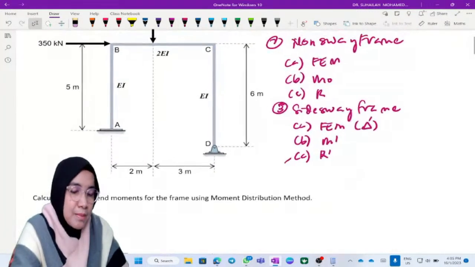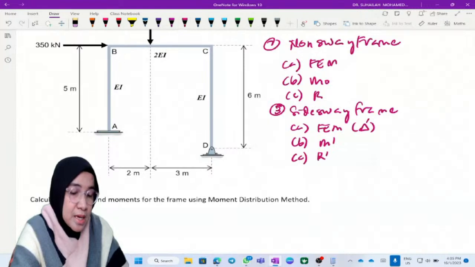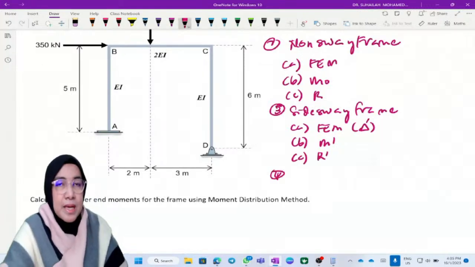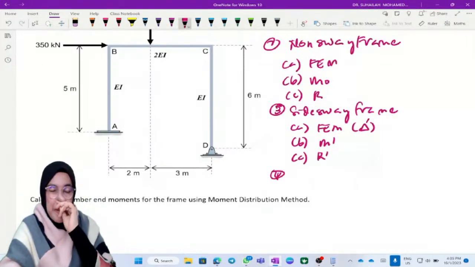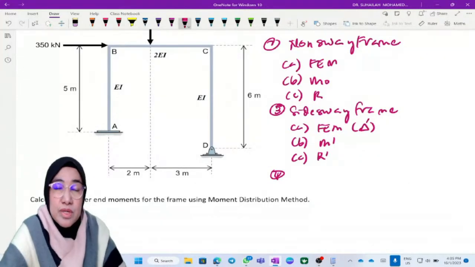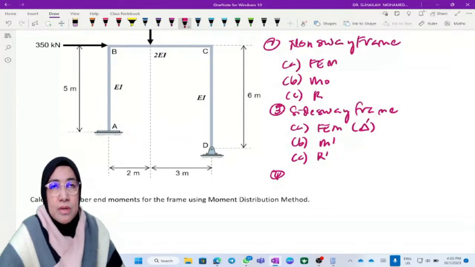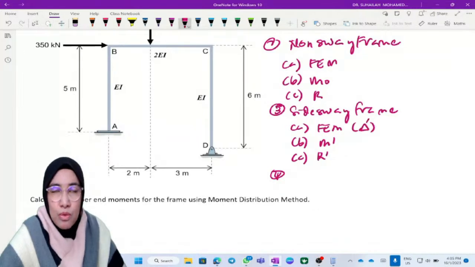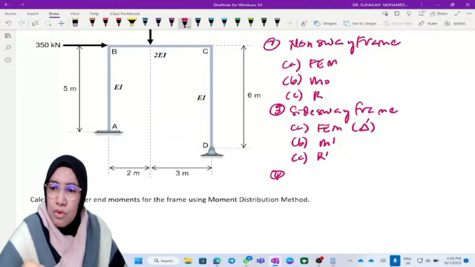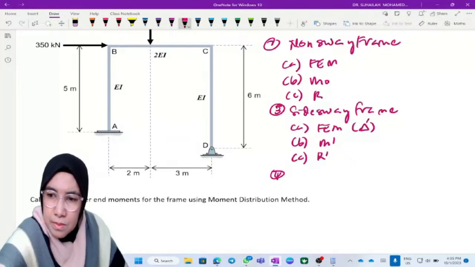And procedure number 4, the last procedure, is when we need to combine moment from two tables.